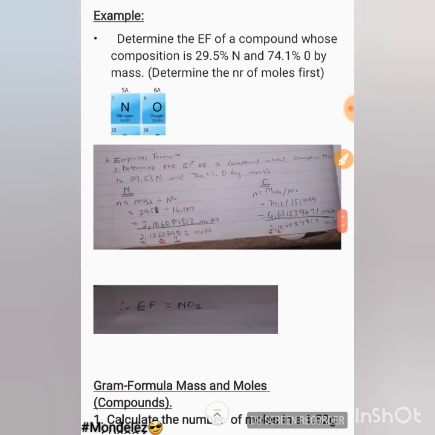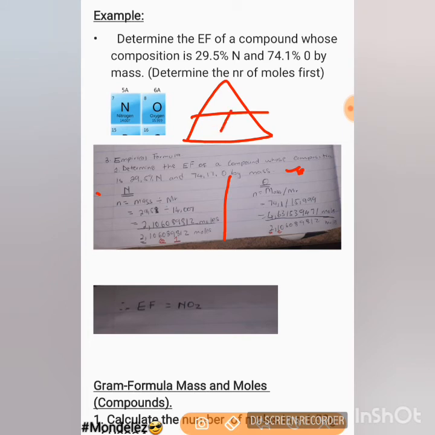So you firstly find the number of moles of each, nitrogen and oxygen. Now, we know by now that when you want the number of moles from that triangle of ours there, you say the mass all over the molar mass. So we say the number of moles is going to be the mass divided by the molar mass.